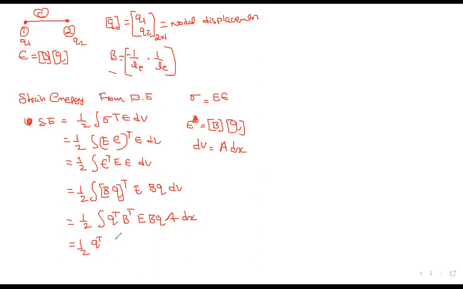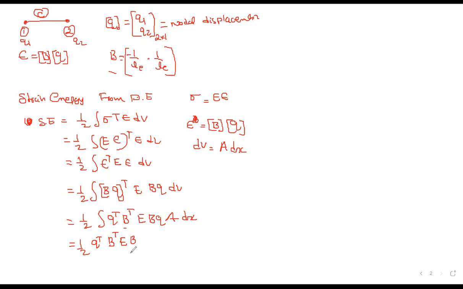And B is minus 1 by LE, 1 by LE, which is also constant, so take B transpose outside. Young's modulus is a constant, so take that outside. B is also a constant, so take that outside.